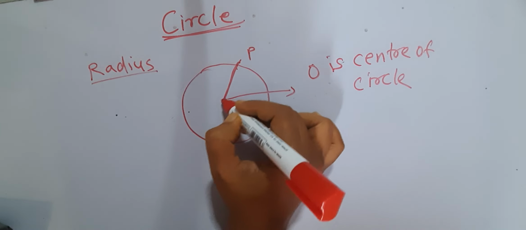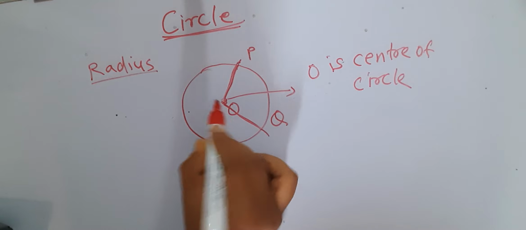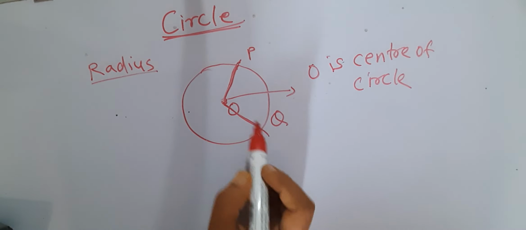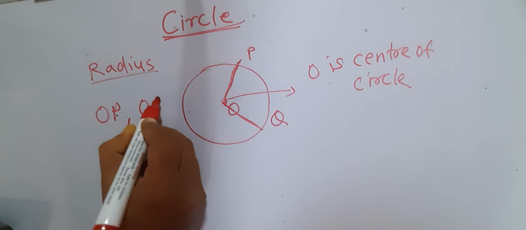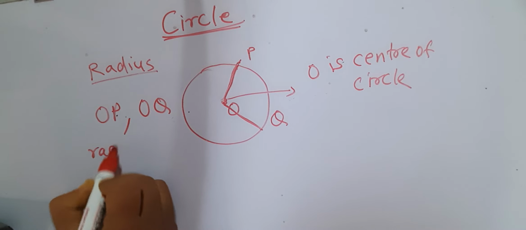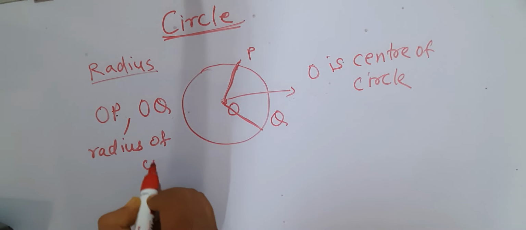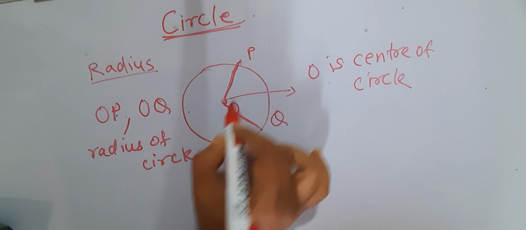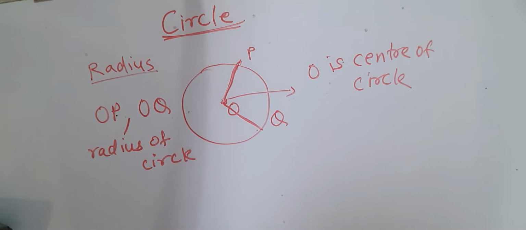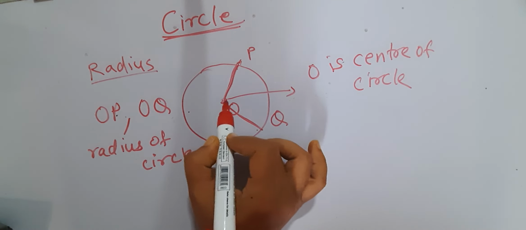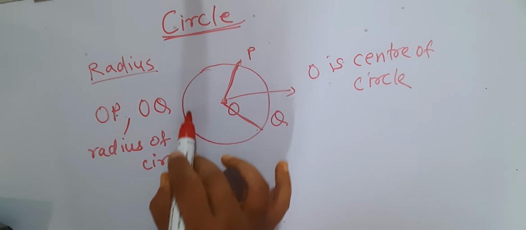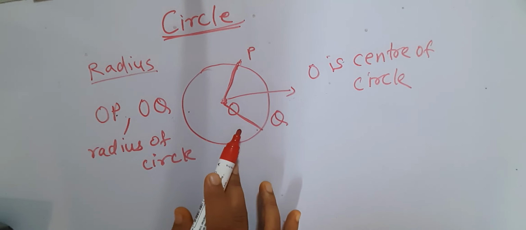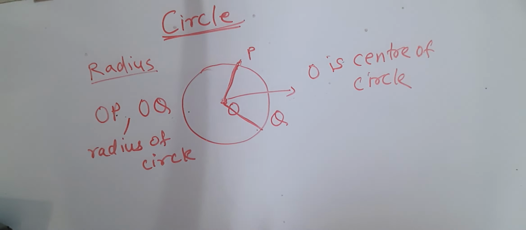So here in this circle we can say OP, OQ are radius of circle, and we know that the value of OP is the same as OQ because the distance from the center to any point on the circle is the same. So radius is a line segment which joins the center of circle to any point on the circle.